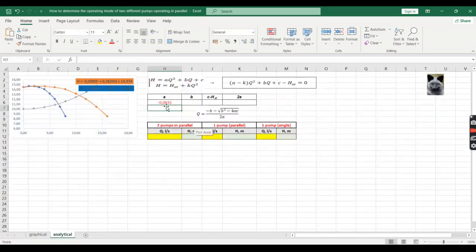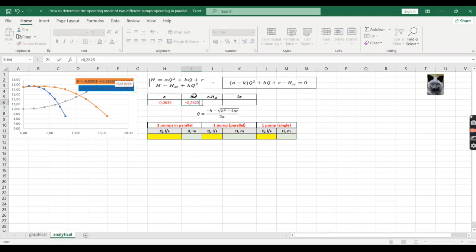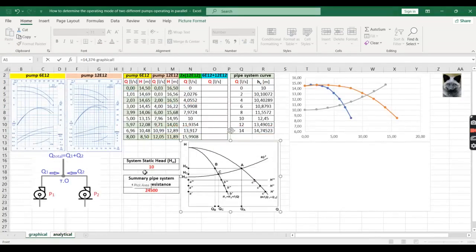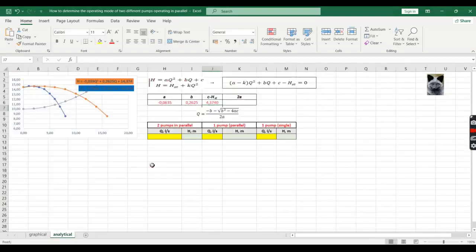Okay, so we already have the value for A. B will be 0.2625. I'll take it from here. Okay, and the next coefficient will be C, which is 14.374 minus the static head, which we know is 10 meters.